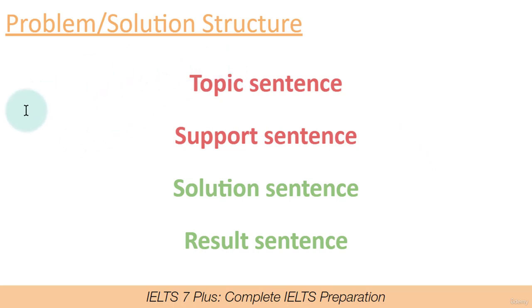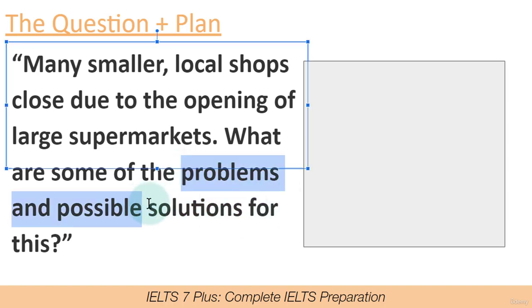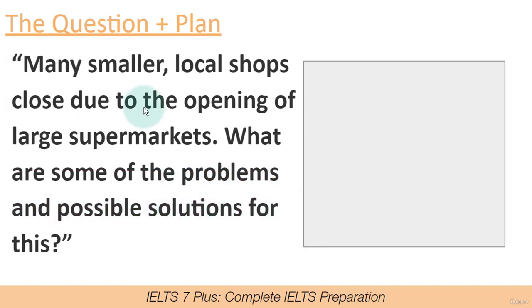So let's take a look at our question. Many smaller local shops close due to the opening of large supermarkets. Topic sentence here. Question sentence. What are some of the problems and possible solutions for this? Okay, so I now know it's a problem solution question, and we already recognize this. And let me just go through the topic one more time.